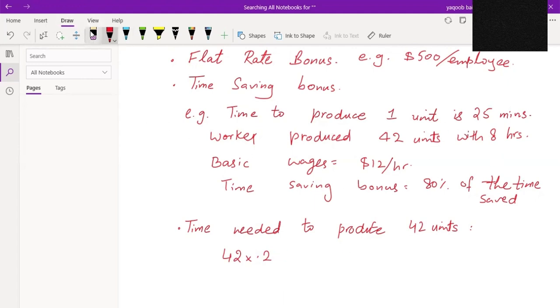Rather than 25 minutes, we will say 0.25 hours, which looks more appropriate. So 42 into 0.25, the worker should consume 10.5 hours, but he actually produced within 8 hours. So time saved is equal to 10.5 minus 8, 2.5 hours.